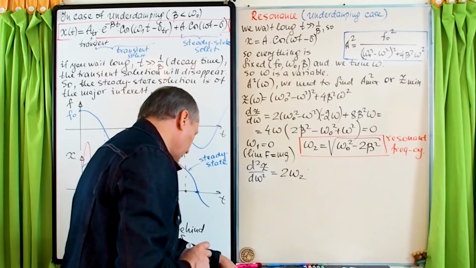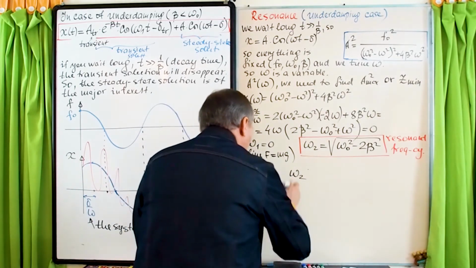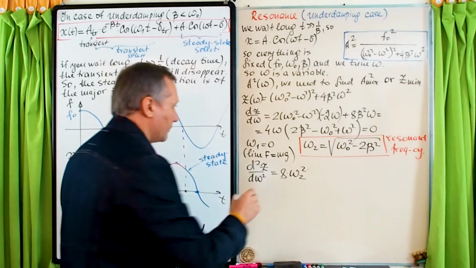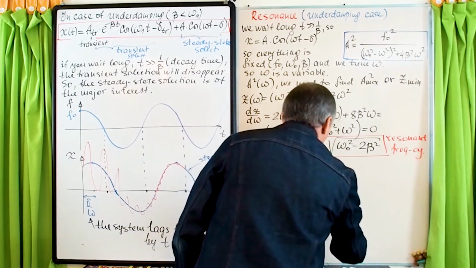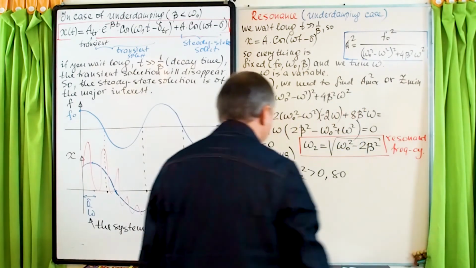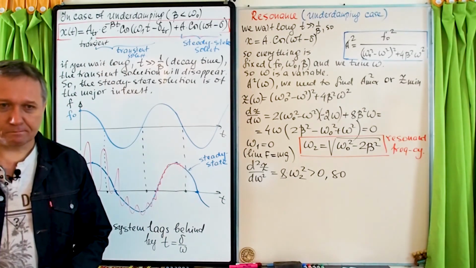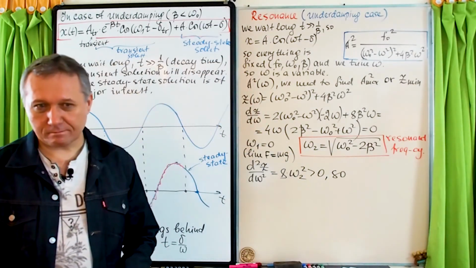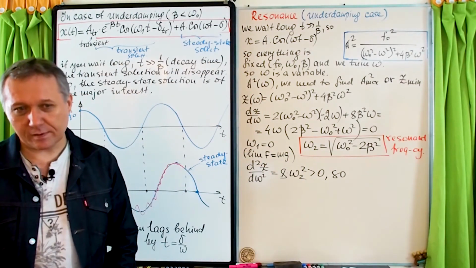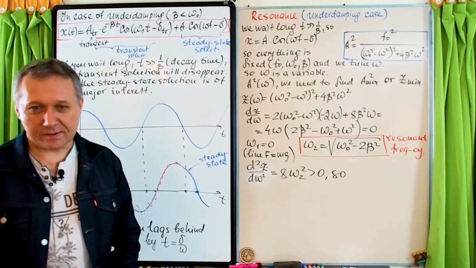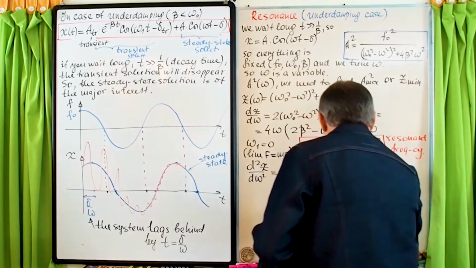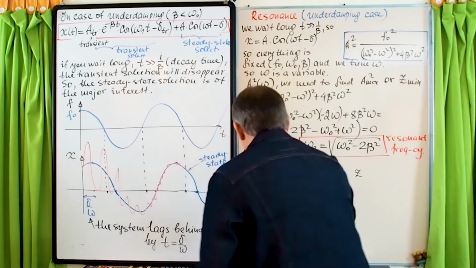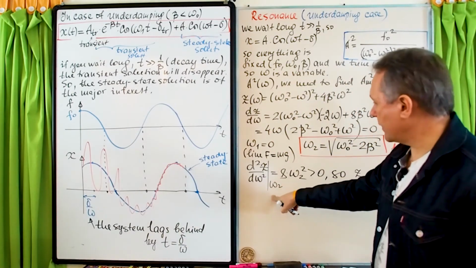All right, let me just check my notes. Not 2, it's 8, sorry. 8 omega 2 squared, right? Second derivative positive, it means it's a minimum, right? So z at omega 2, of course we are evaluating the second derivative at this point.